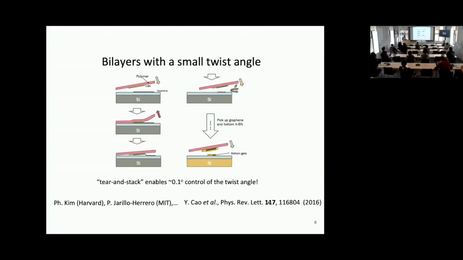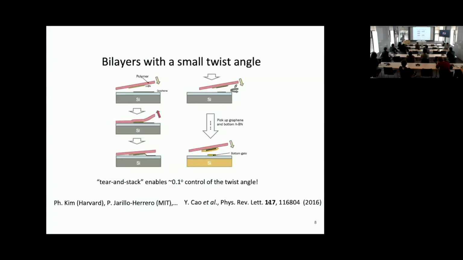But because they come from the same original layer, you know exactly their relative orientation. So you can twist the top half with respect to the bottom half by an arbitrary twist angle, put it down again, and you have this twisted bilayer or multilayer. This is called tear and stack. And it enables what my colleagues tell me is control of the twist angle to a thousandth of a degree these days.